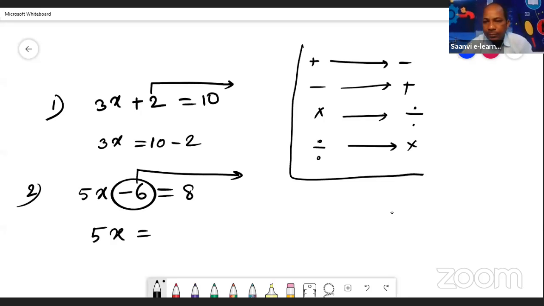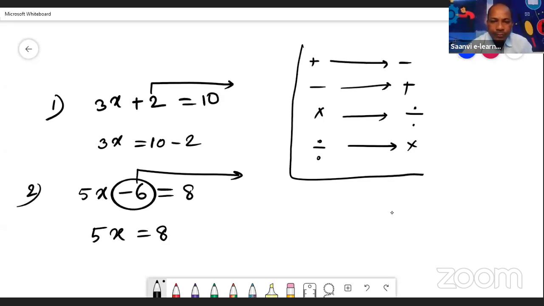5x is equal to. When we are sending the terms from LHS to RHS, first of all the RHS number value should be written as it is. Right side 8 is there, so this 8 we write as it is. After writing this RHS number as it is, then only we send the left side number to the right side. Now send this minus 6 this side.